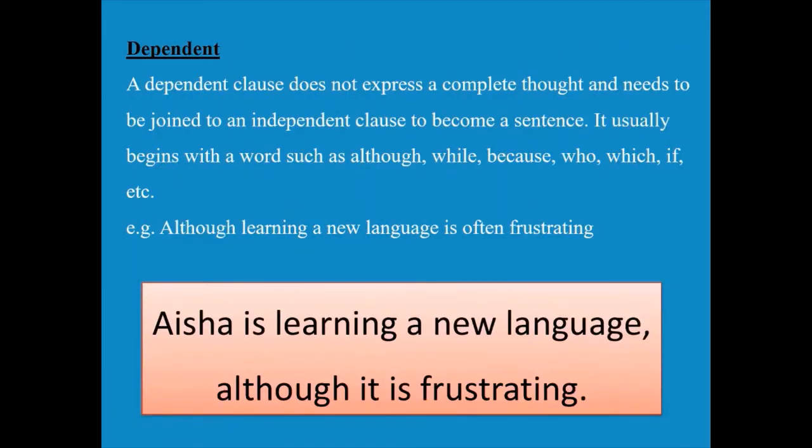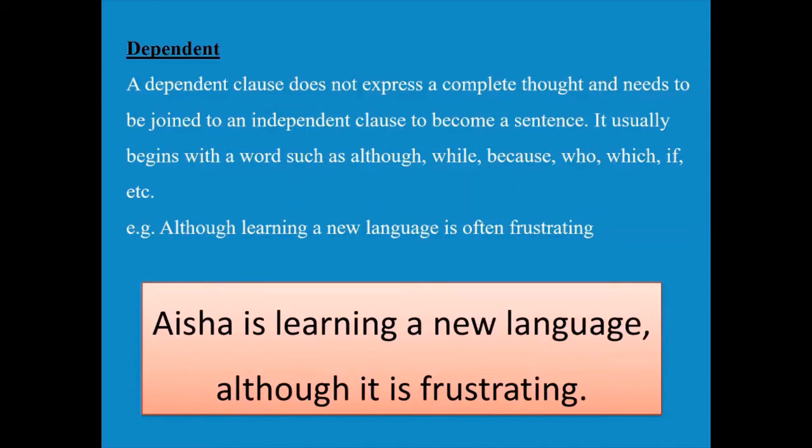Dependent clause does not express a complete thought and needs to be joined to an independent clause to become a sentence. It usually begins with a word such as although, while, because, who, which, if, etc. For example, although learning a new language is often frustrating, up to there, that is a dependent clause.